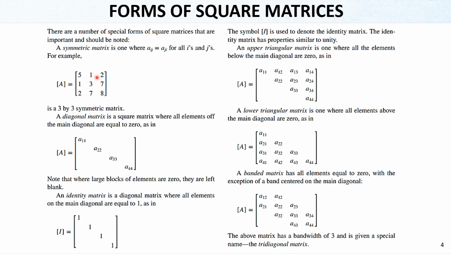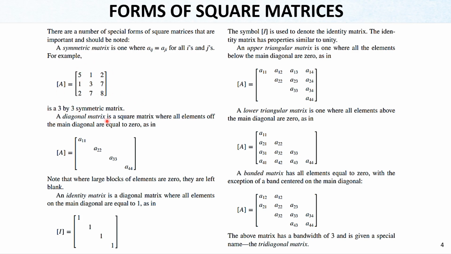When you fold it on the direction of the diagonal, you will have the same values. For example, 1, 1, 2, 2, and 7, 7. So aij and aji will be the same. So it's called symmetric matrix. This is, for example, a 3 by 3 symmetric matrix because we have 3 rows and columns.